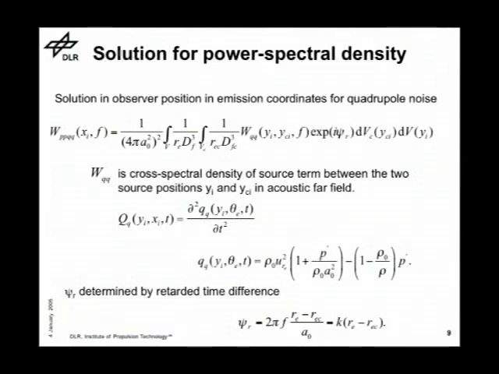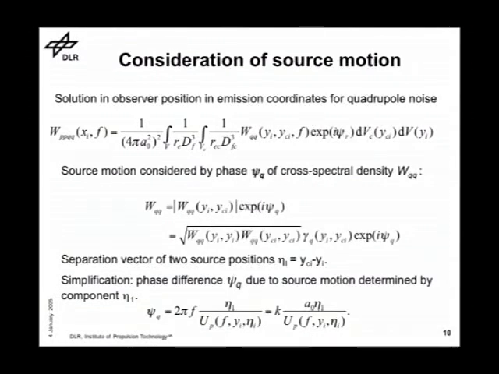They still move, but this is considered in the cross-spectral density. Here I've repeated this equation, and now I look at the cross-spectral density between the position of the outer source volume element and the position of the inner source volume element, as a function of frequency, of course.